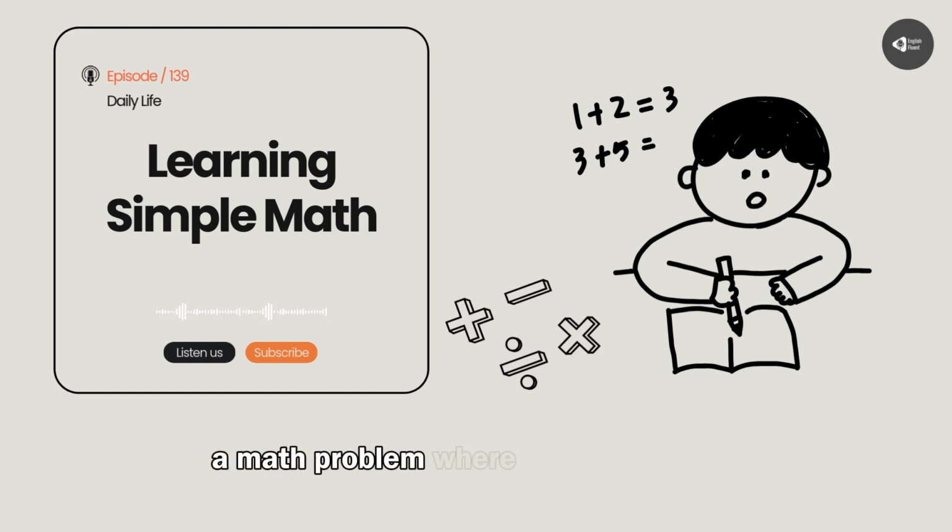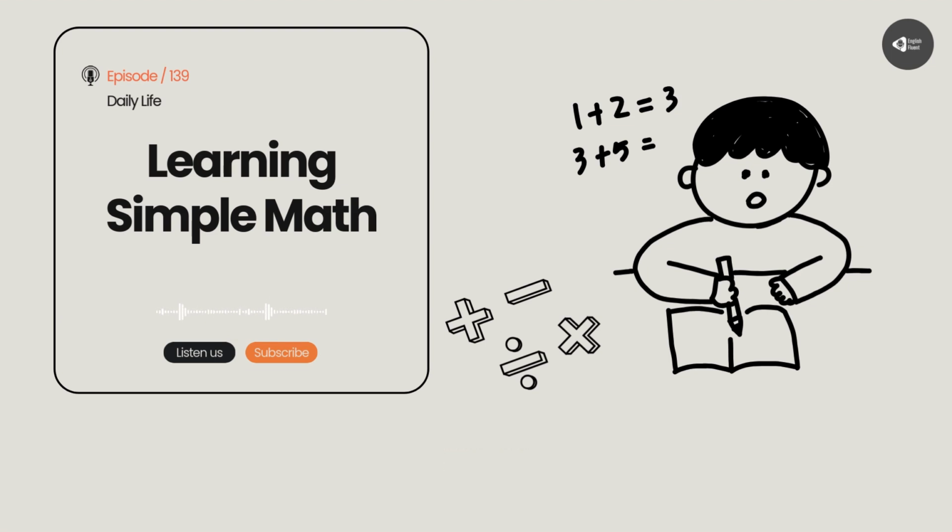A math problem where each side is equal. Equation. To multiply. Times. Take away. Subtract. Minus. The student a teacher likes best. Teacher's pet.